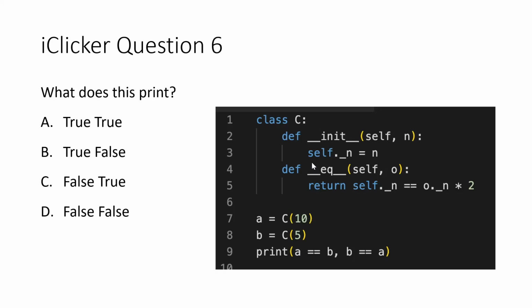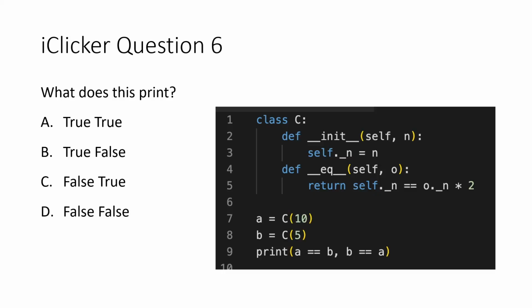Now, when you are comparing the equality, this is the function comparing the equality, right? In this function, you are returning self underscore N, comparing it with the other. So in this case, you have 10 comparing to, what would be the value of B underscore N?